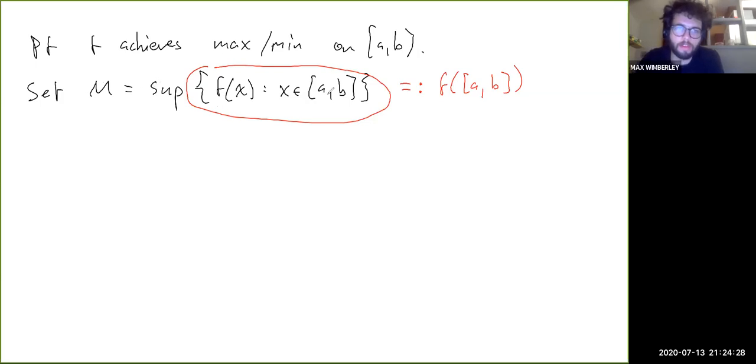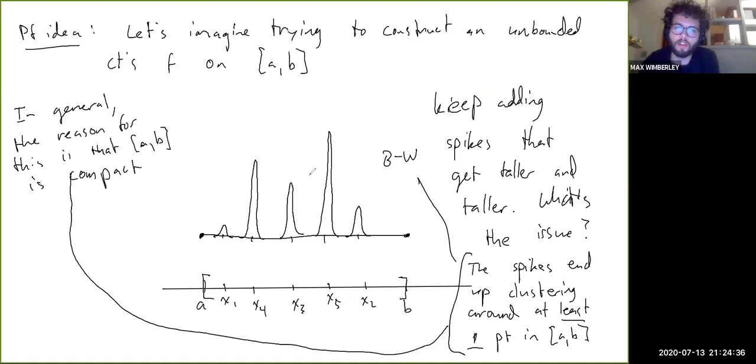But anyway, we'll take M to be the supremum here, and then we can do pretty much the same thing we just did. If you look at this picture, imagine that we were playing this game, but instead of trying to make these spikes grow unboundedly, we just tried to make them get closer and closer to the supremum without actually touching it.